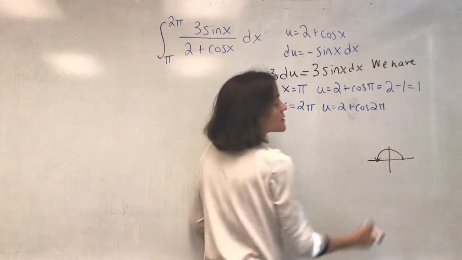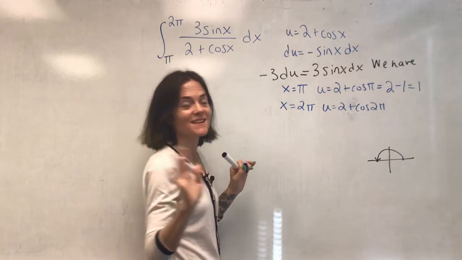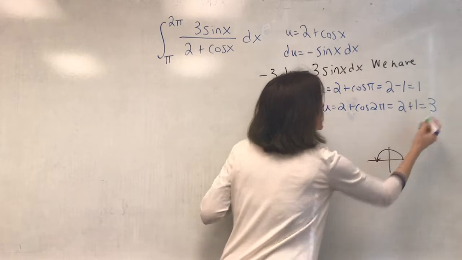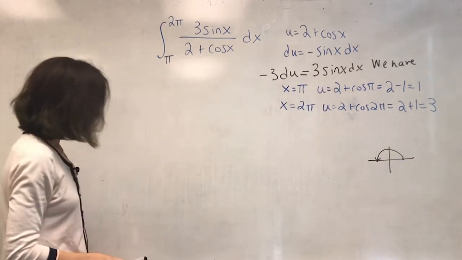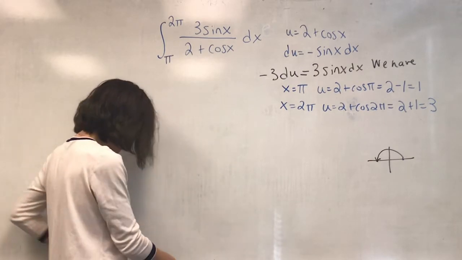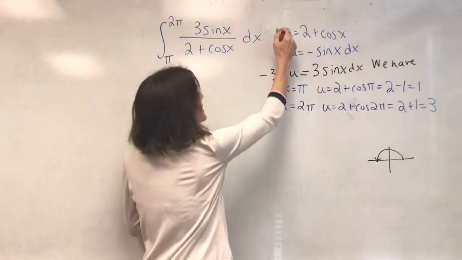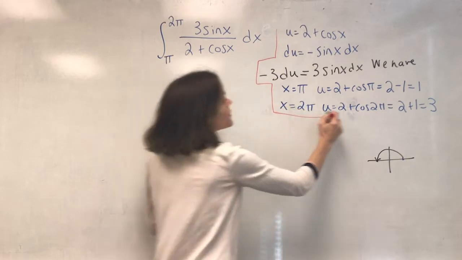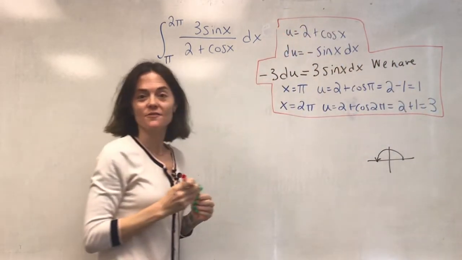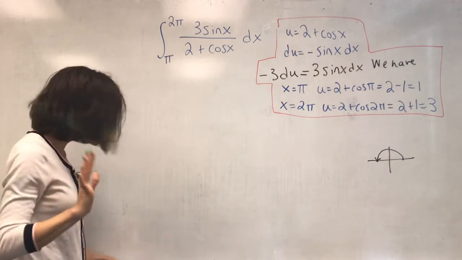That's here. The cosine of 2 pi is positive 1, which is 3. Okay, now maybe I'll put a box around all of this. This was all of my work to convert this integral to an integral of u.